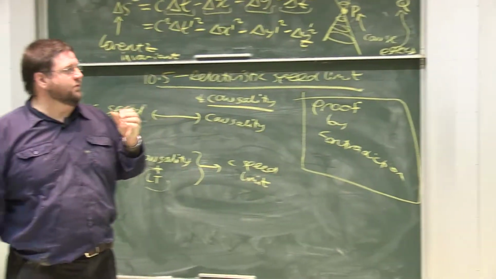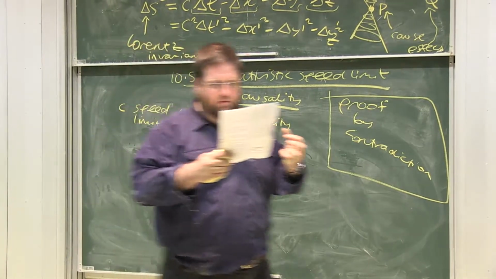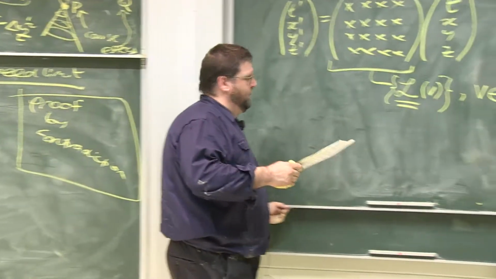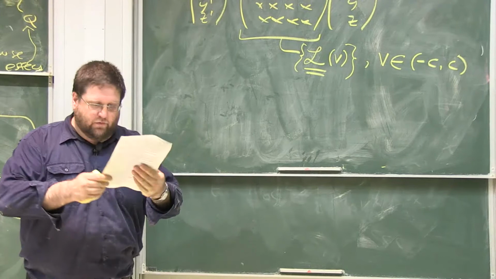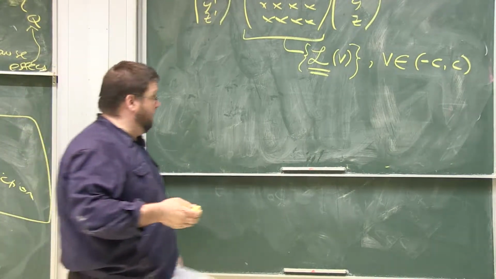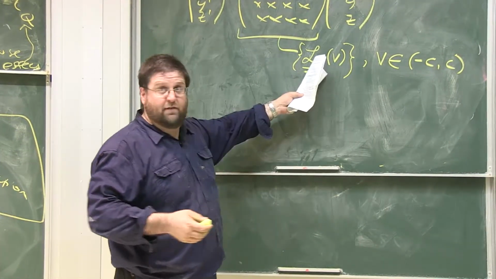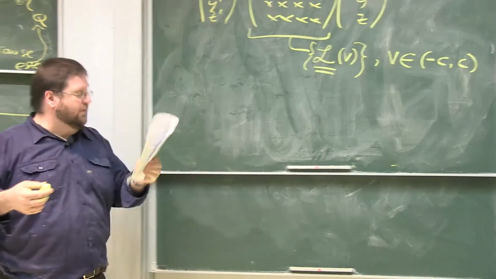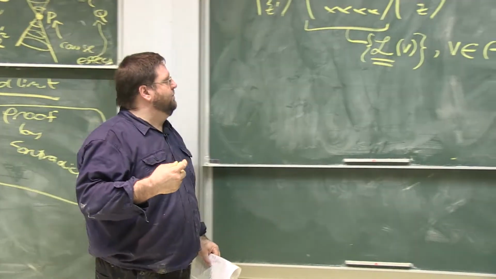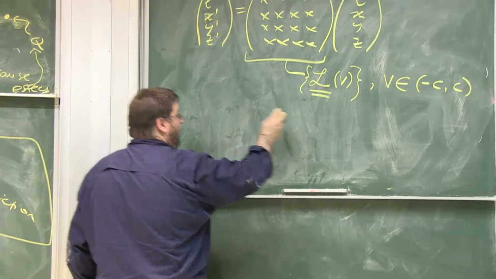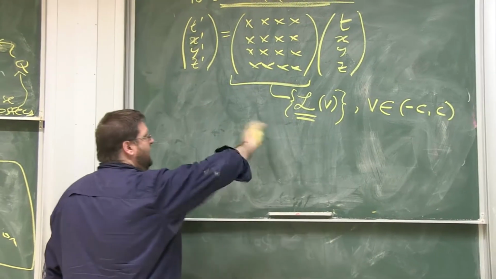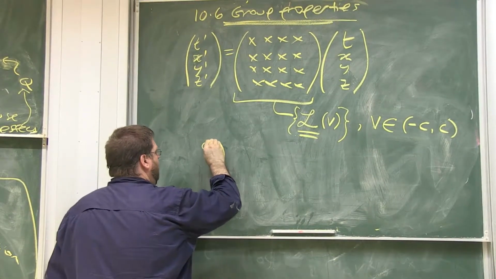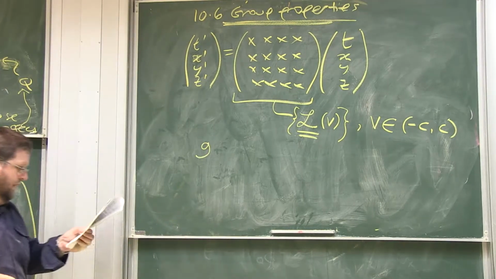I want to show that this set of matrices forms a mathematical group. A mathematical group is a set of operations, and here we have a set of Lorentz transformations, together with a binary operator. So I want to be general here. Instead of speaking of a set of elements L, I'm going to have a set of elements capital G.